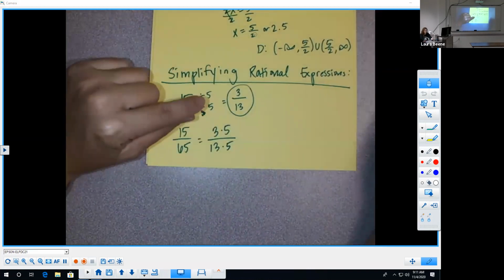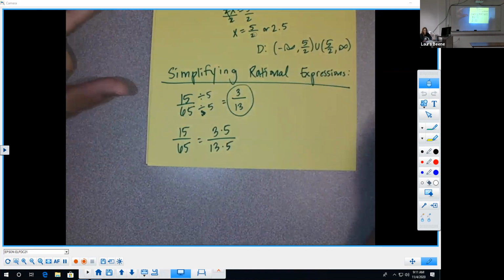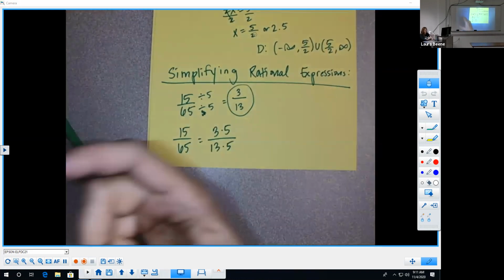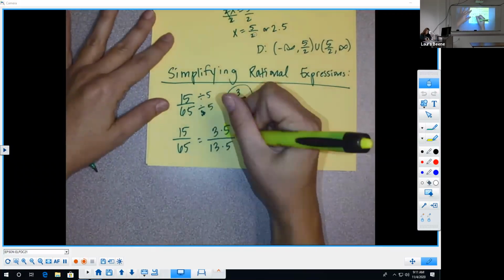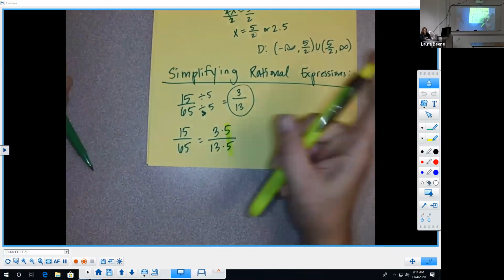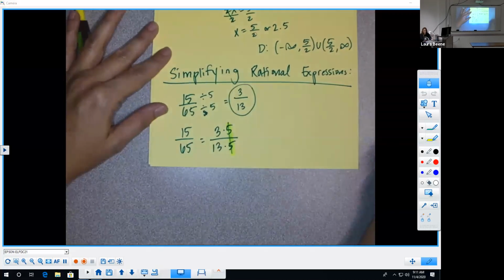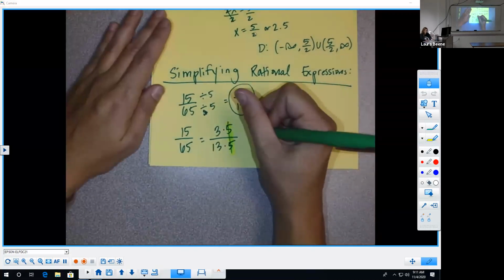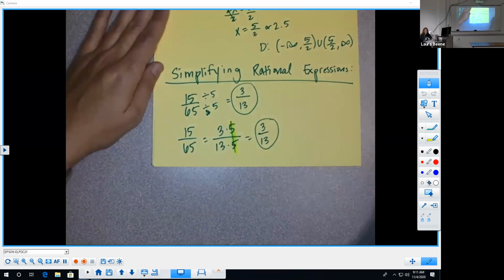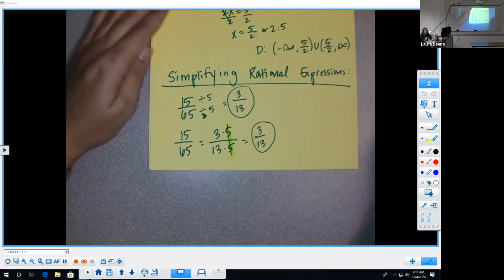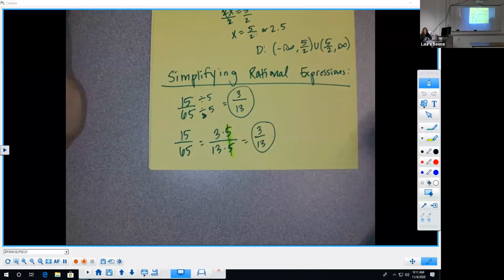And now, do I have a factor on top and bottom that are the same? Yeah, 5. What is 5 divided by 5? 1. So essentially, I can just divide these out. You could also think about canceling them out if you wanted to, because it's the same idea. And you're left with 3 over 13. It's the same answer, just a different way to think about it.